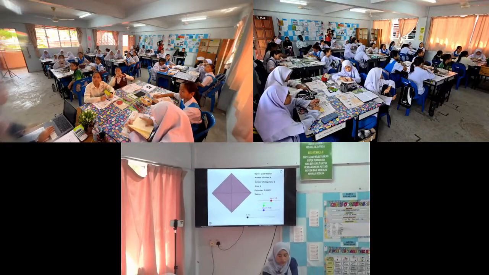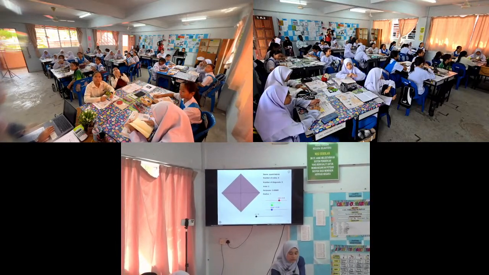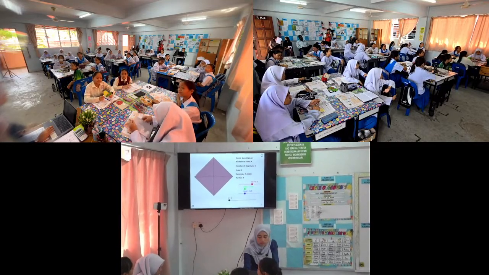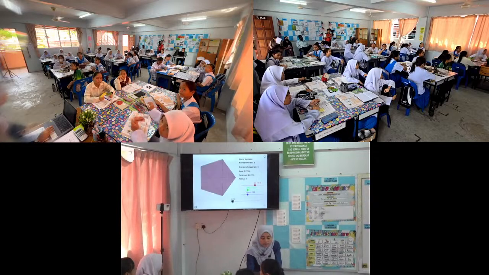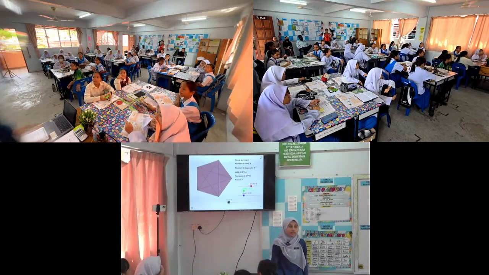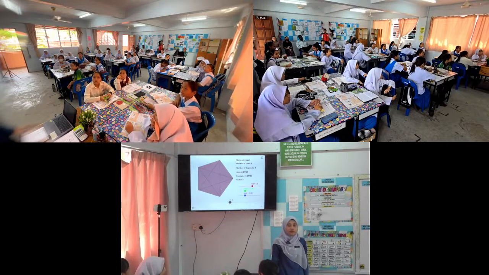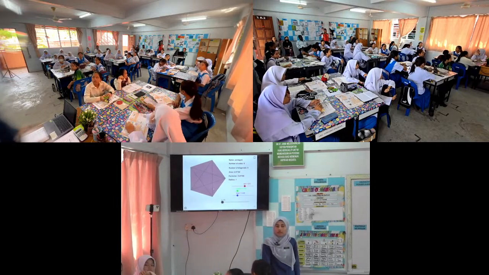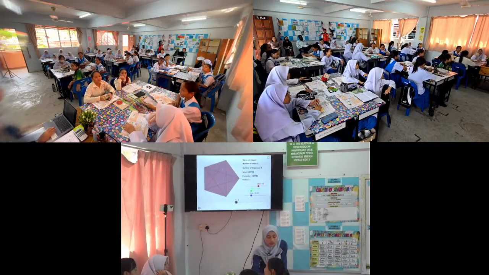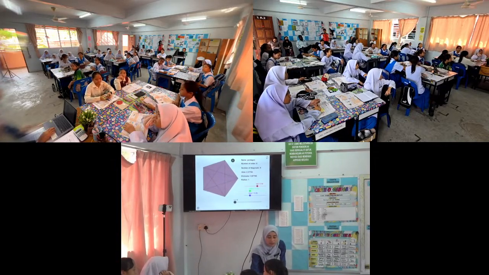How many diagonals for the quadrilateral? 1, 2. If I have 5 sides, the name of the polygon is? 5 sides we call a pentagon.